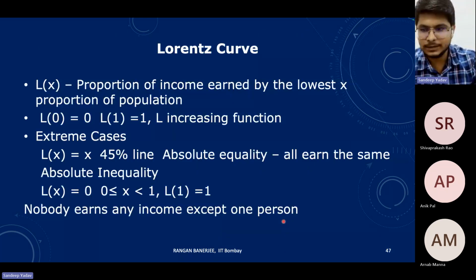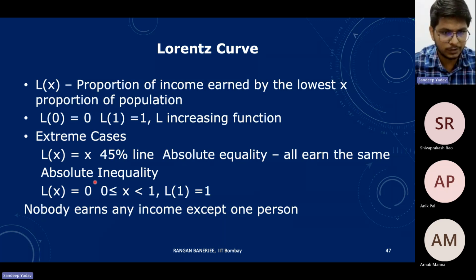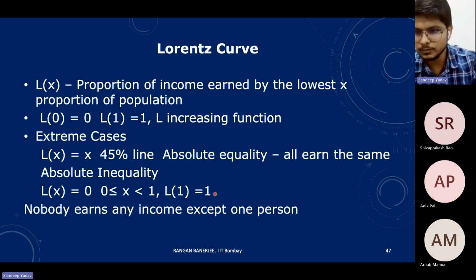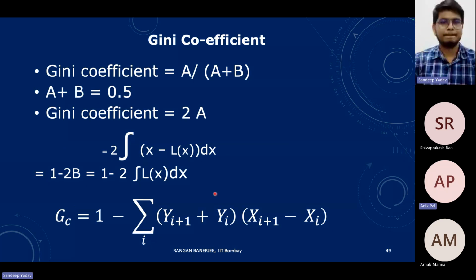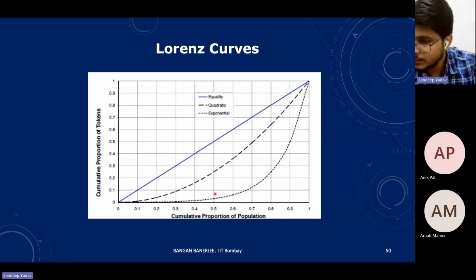That's why this whole thing is integrated between 0 to 1. Here also, absolute inequality will be Lx equal to 0 when the axis is 0 to 1 only, and this whole thing lies between L0 equal to 0 and L1 equal to 1. I hope this answers your query. Yes, sir. Okay.